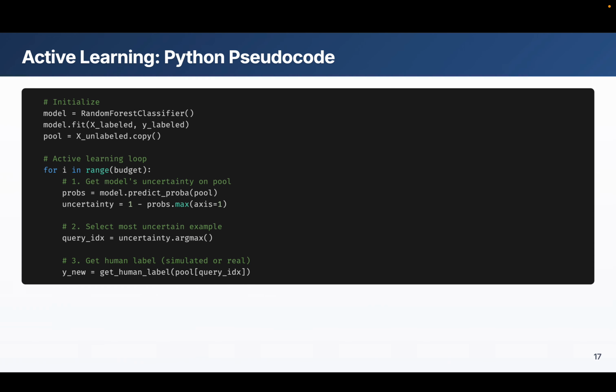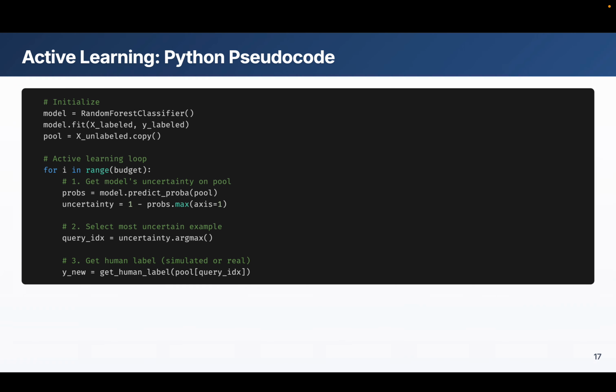And in Python, this might be something like this. You have a model, you train it on the initial data set. I'm doing pool equal to x unlabeled dot copy. Why are we doing a copy? Once you implement this, you'll realize you'll have to get a little bit more understanding of the Python intrinsics. You'll have to understand call by value, call by reference also.